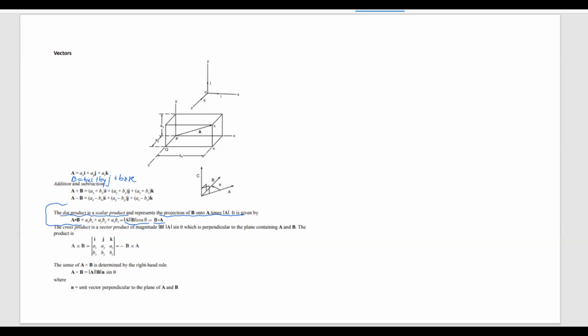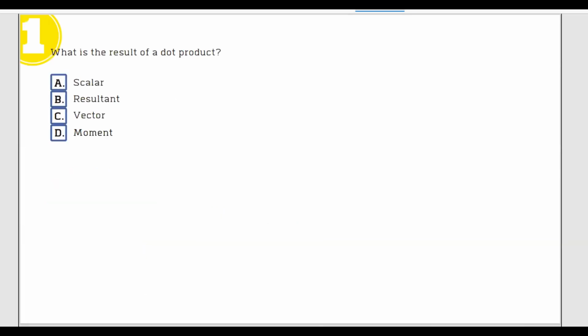So now let's go ahead and start. Problem number 1: what is the result of a dot product? So what do you get when you have vector A dot vector B? If you have no clue what it is, I suggest you take two vectors. I'll assume vector A has the components 2, 1, and vector B is equal to 0, minus 1.